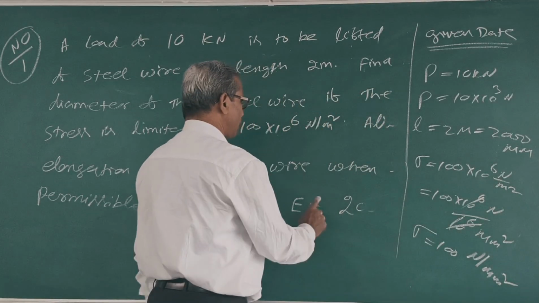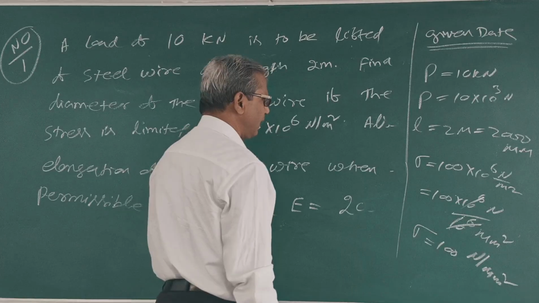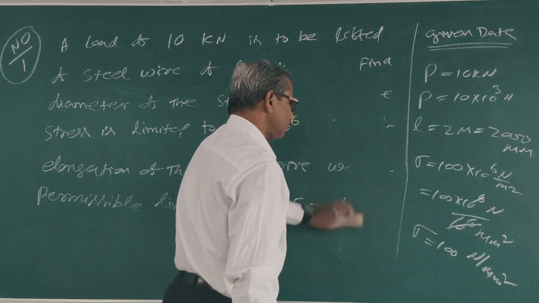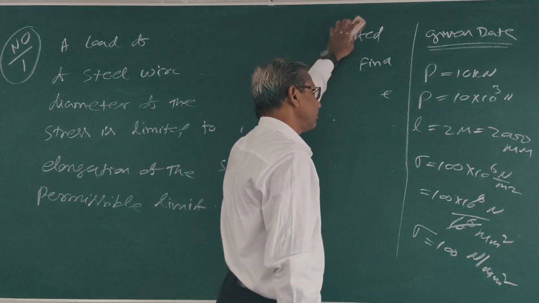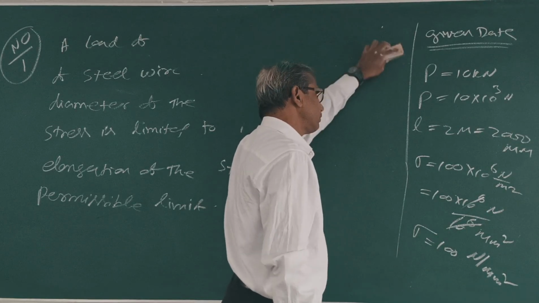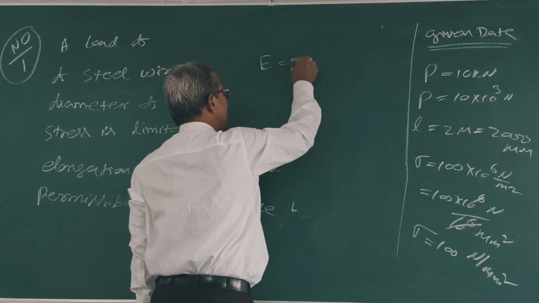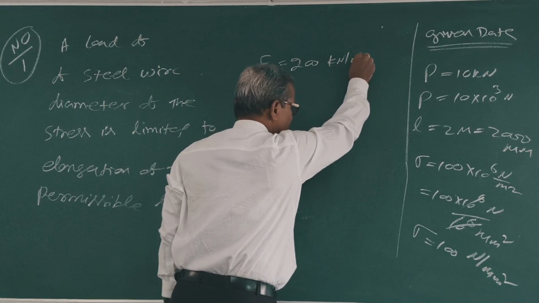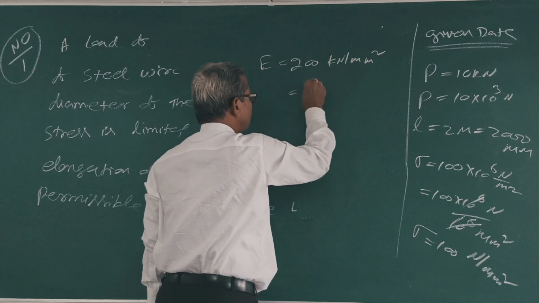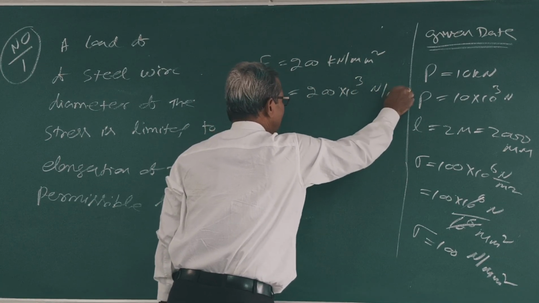And E is Young's modulus, 200 kilonewton per mm square, so 200 into 10^3 Newton per mm square.